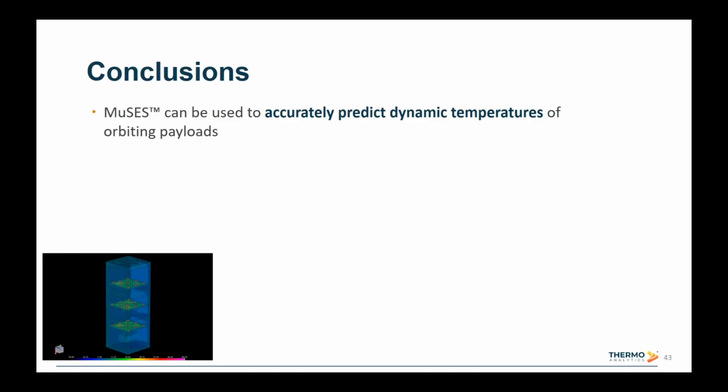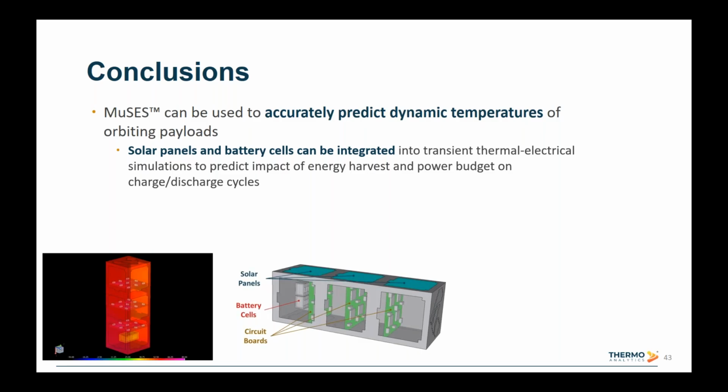So by way of wrapping up some of the things that we've seen today, we've shown that MuSES can be used to accurately predict the temperatures in a dynamic sense of orbiting payloads, so in a transient fashion. And as well, we showed how we can integrate solar panels and battery cells into these co-simulated coupled thermal electrical simulations, and that lets us predict the impact of harvested energy from the sun and the power budget based on the mission of the satellite and how the battery is going to charge and discharge, and we can couple all those together.